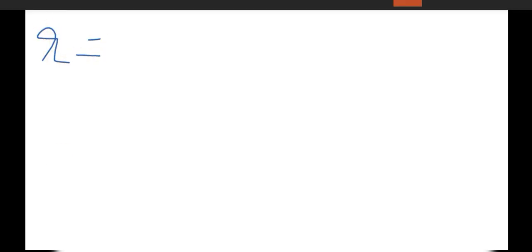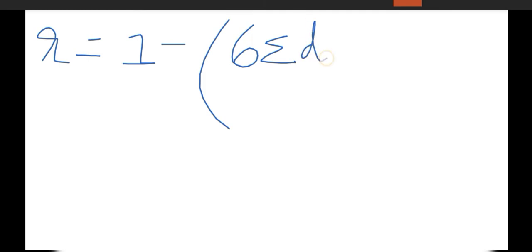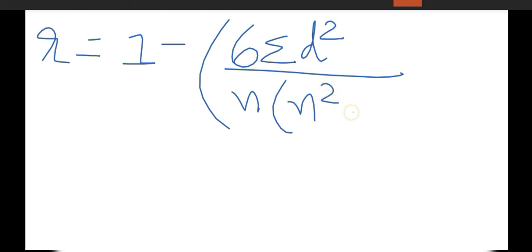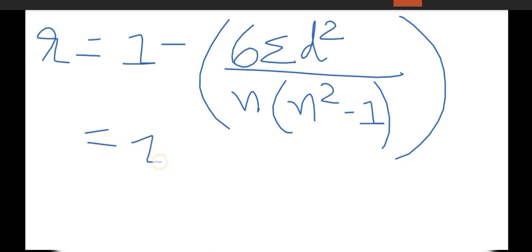Spearman's rank correlation coefficient, that is the second formula that I had told you to remember, which is r is equal to 1 minus 6 sigma d square upon n into n square minus 1. Let's put the values.